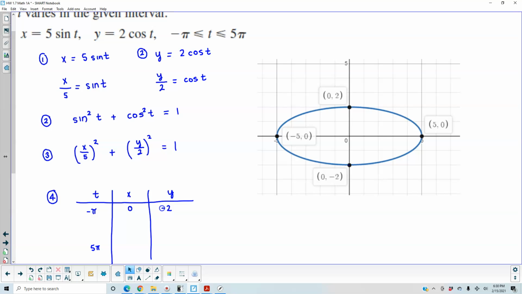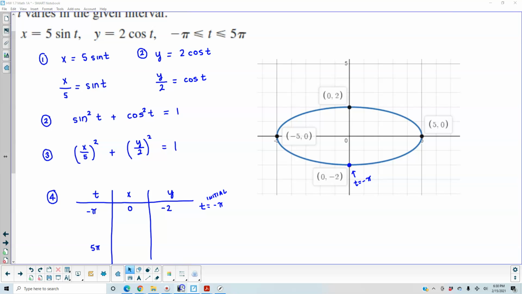So here at 0, negative 2, this is our starting point. This is our initial point. So that means it's starting here, where t is equal to negative pi.